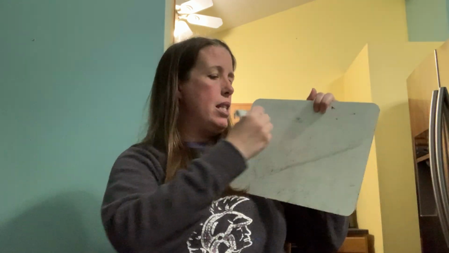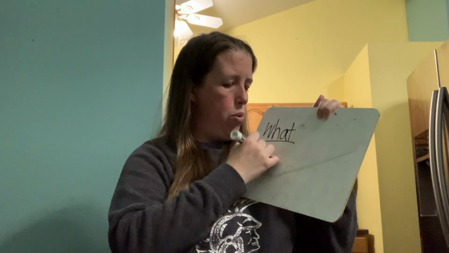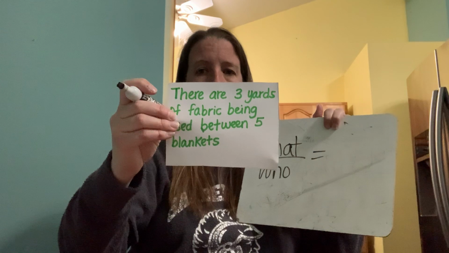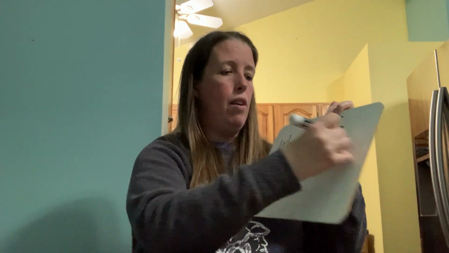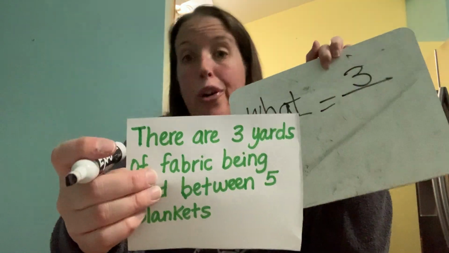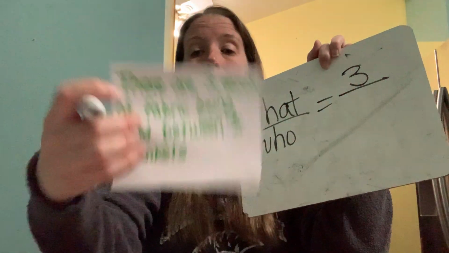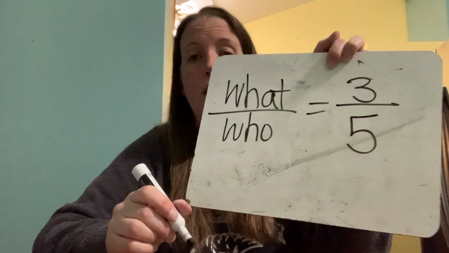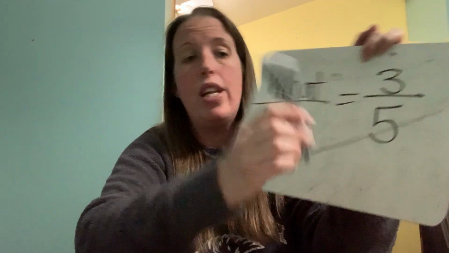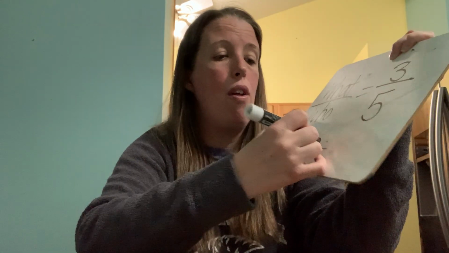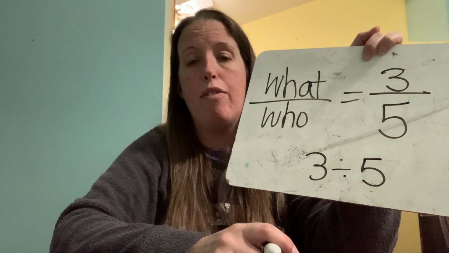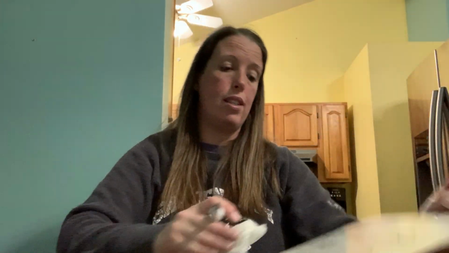So I'm going to say to myself, what is being shared by who? Well, I have 3 yards being shared. Now this isn't a who, but this is what is sharing it. 5 blankets. So my answer is 3/5, or I could say 3 yards shared between 5 blankets. 3/5.